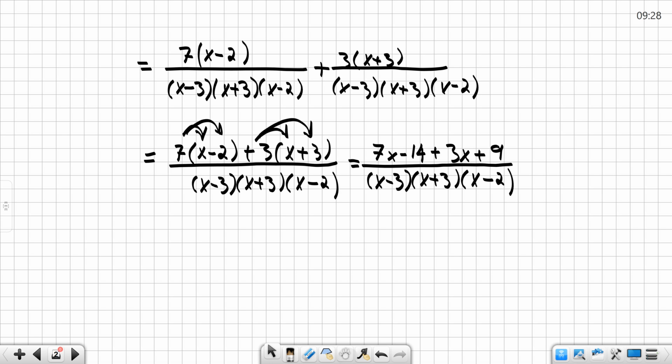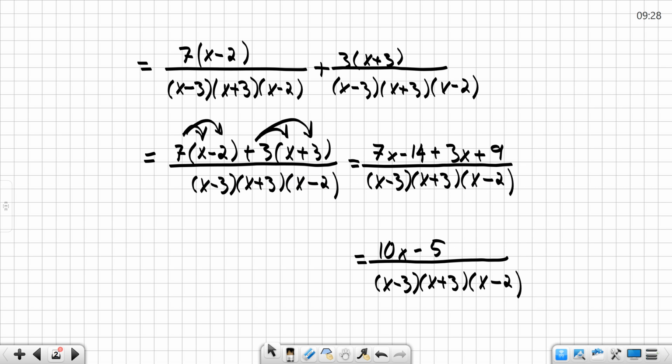Now I look at the top and I am simplifying. 7x plus 3x, that is 10x. Negative 14 plus 9, that's a negative 5. Divided by all of this.